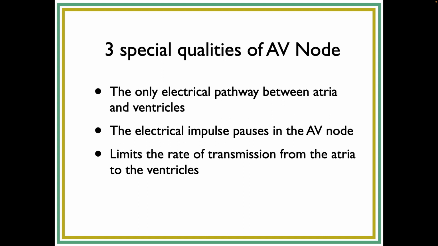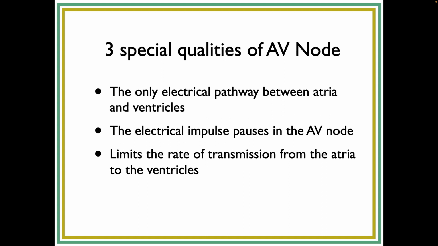Yeah. So basically, not only is there a pause in the AV node, but there's a cap on the speed. It can only travel so fast. Only so many impulses per minute can go through, okay?